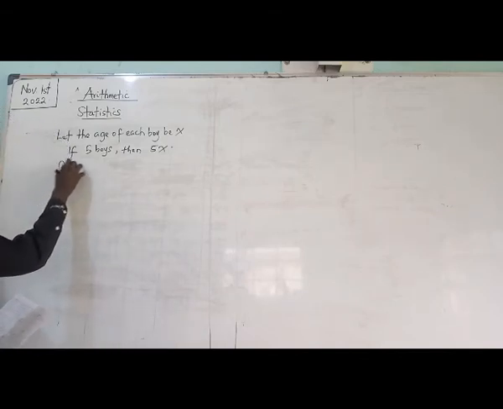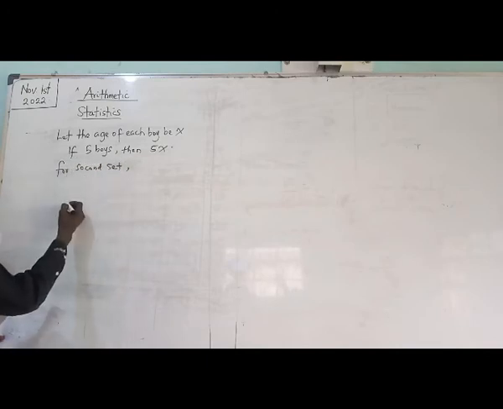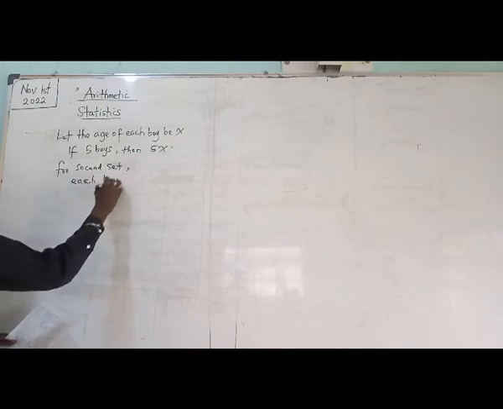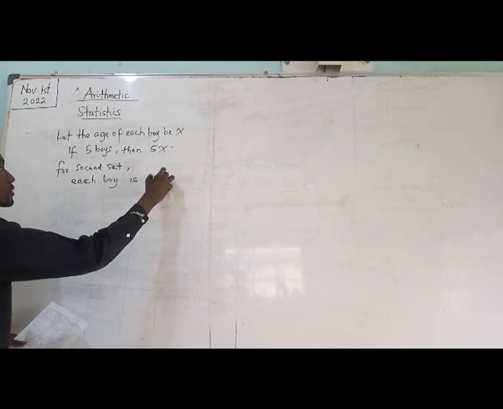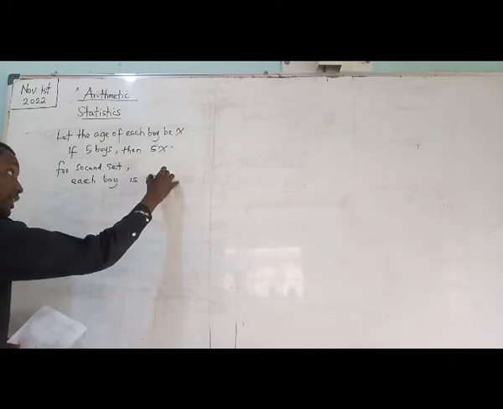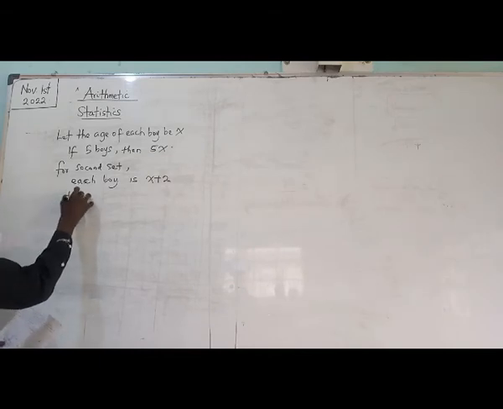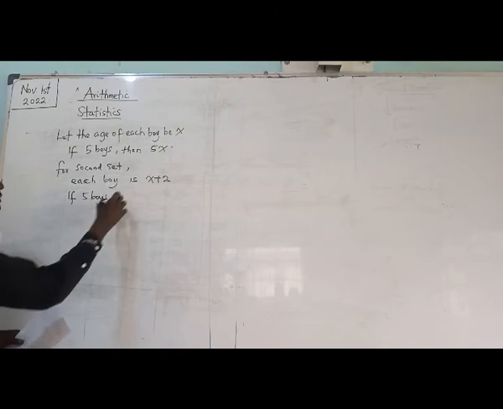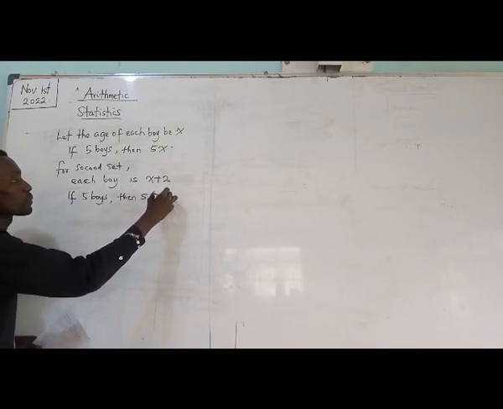So, for the second set, each boy equals x plus 2. Thank you very much. x plus 2. Is that not? So, if 5 boys, and this is how your computer works, then 5 into x plus 2.